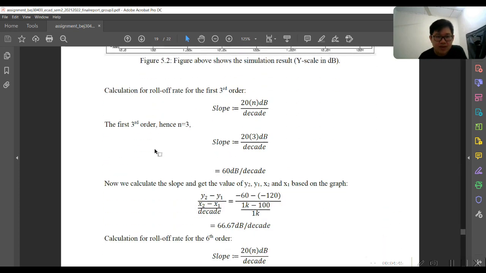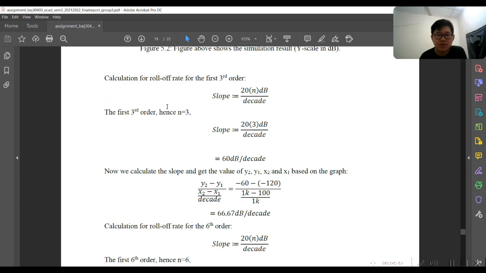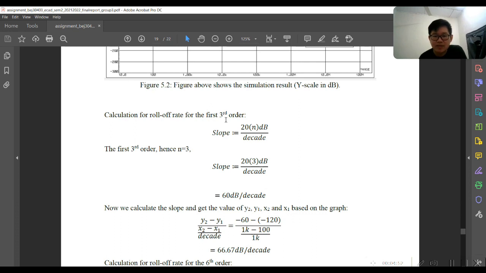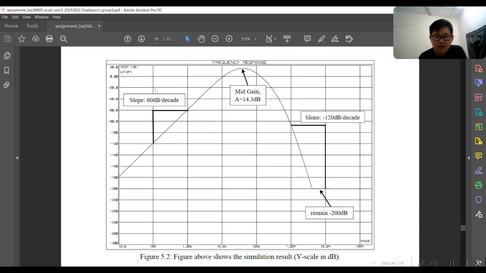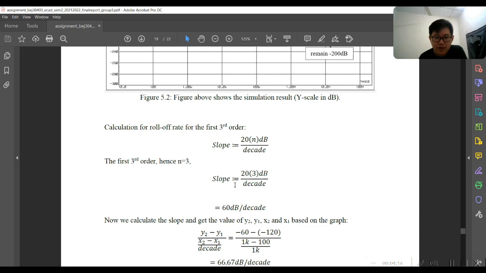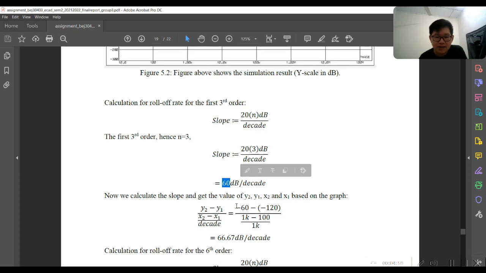After that, this is our calculation for the roll-off rate for the first third order, which is the left hand side. We get 60 dB per decade.